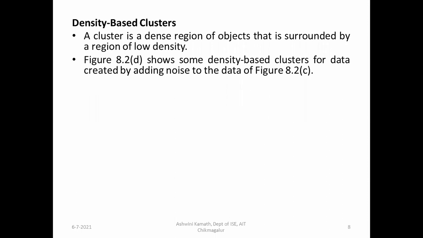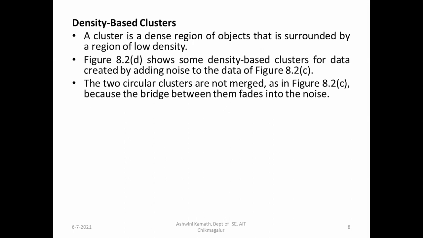You can notice in figure 8.2d, I'll show you that. It is a density based cluster for the data created by adding noise to the data of figure 8.2c. In the previous slide, we saw data for the graph based approach, where a bridge of points joins two clusters, and a curve of points also creates one cluster.